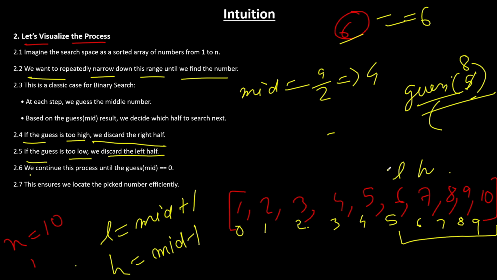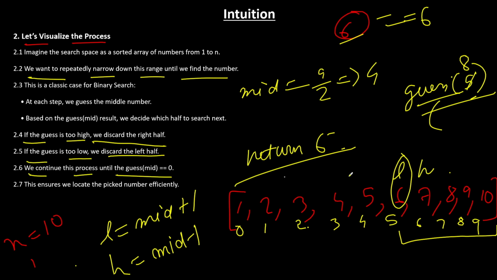So we'll return this particular value 6, and we will break out of the binary search. We continue the process until the guess of mid equals 0, which we got. This ensures that we locate the picked number efficiently.